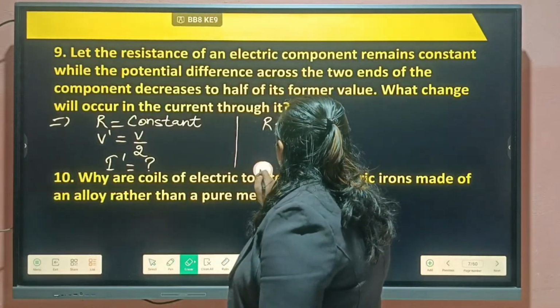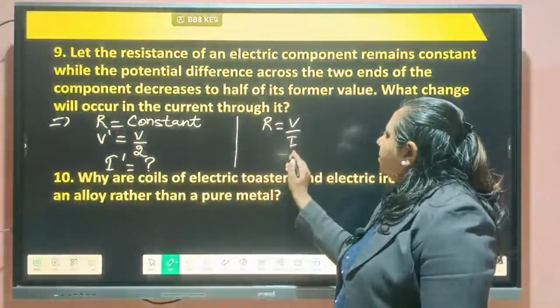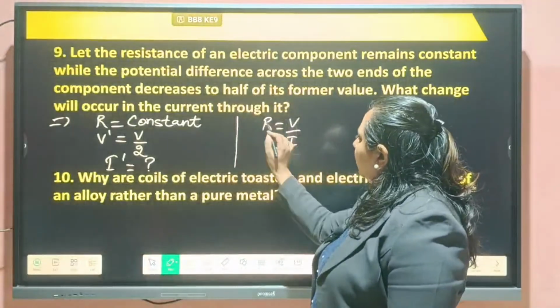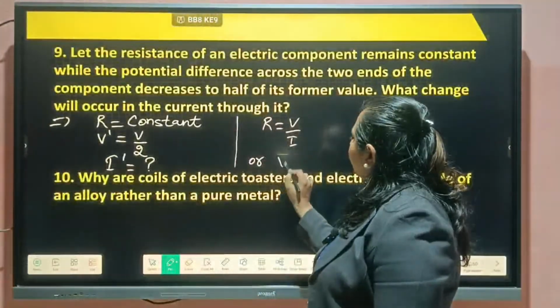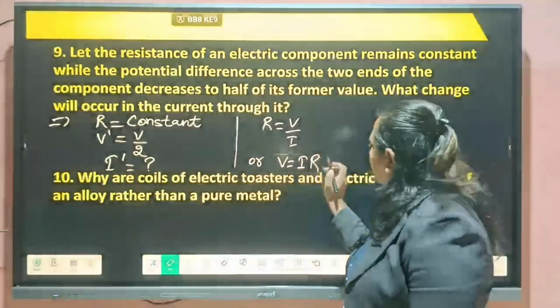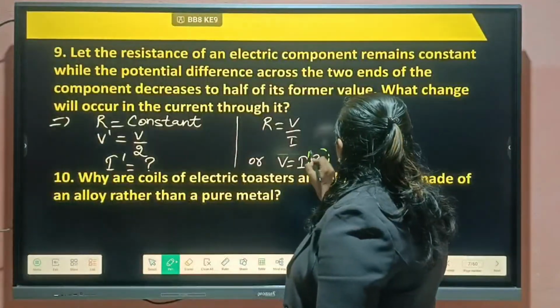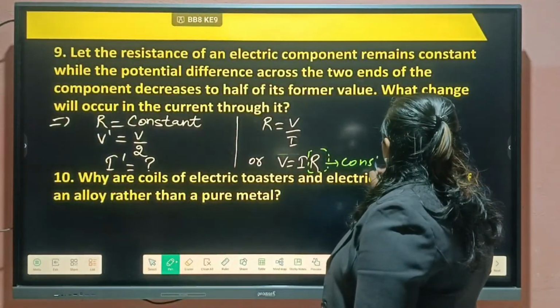That is written ना कि R remains constant. If we rearrange it, V is equal to IR. R remains constant, है ना?